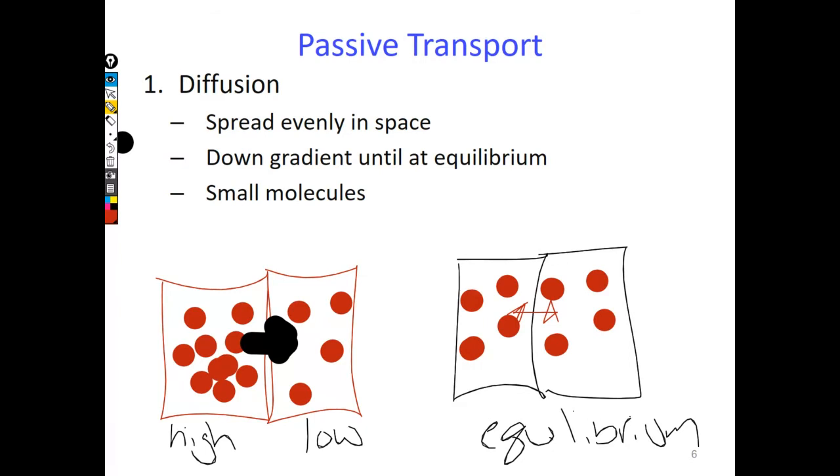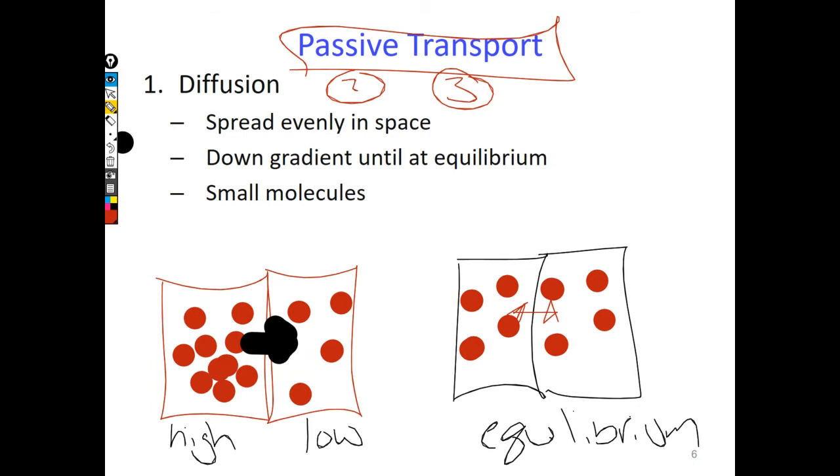Okay. And so the thing that sets diffusion specifically apart, and so what we're going to find is for passive transport, we have 3 different ways to do this.